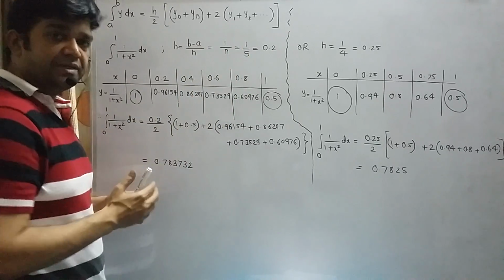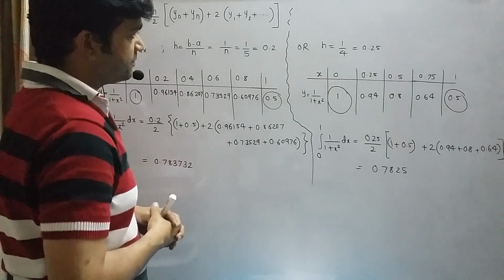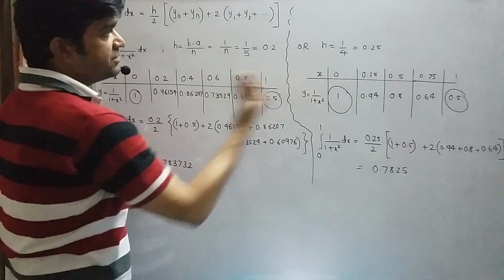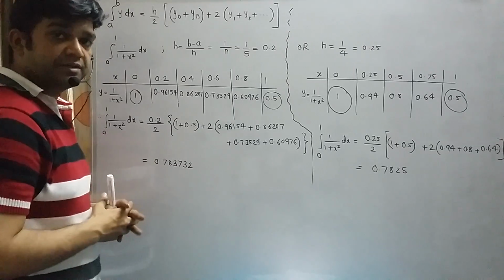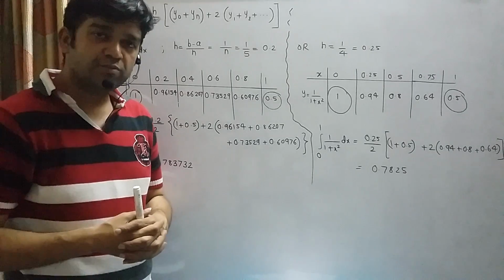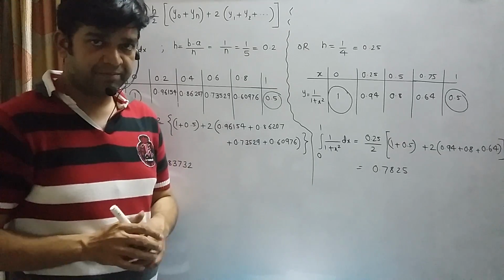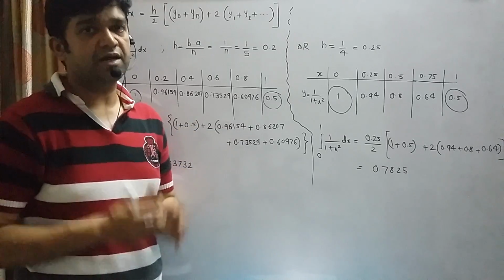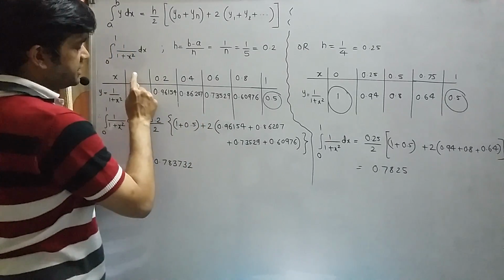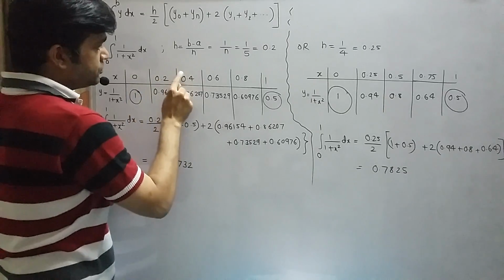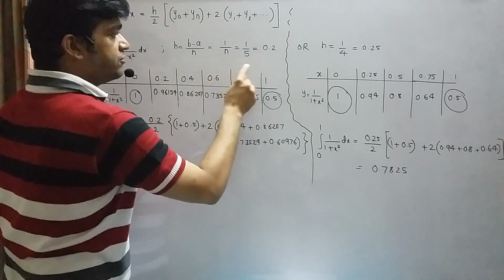It is purely depending on your choice. I hope this comparative study makes the selection of n very clear. Generally in a problem, they give you the value of n. Remember, n is the number of subintervals. So how many subintervals are here? 1, 2, 3, 4 and 5.